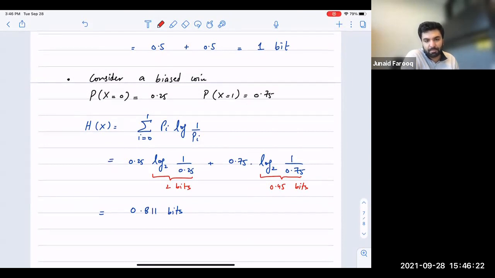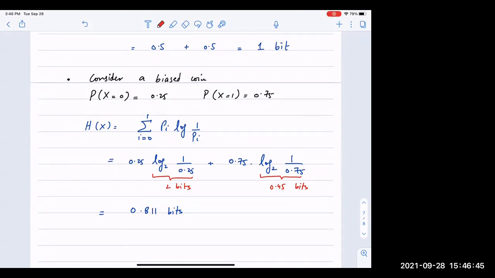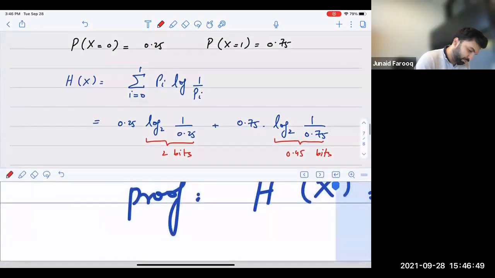Log is a function. 1 over 0.25 is actually 4, so log 2 of 4 is 2 bits, and if you average them, the result is again in bits. Got it.